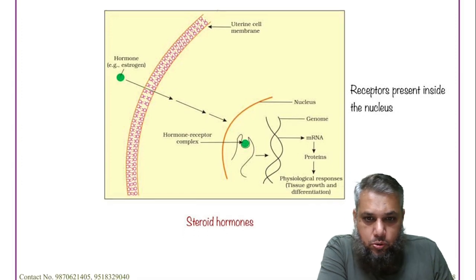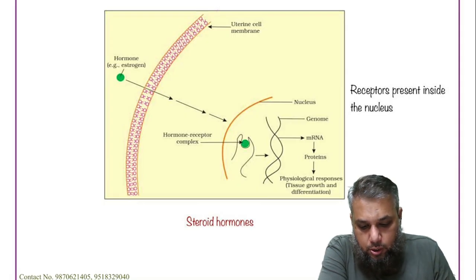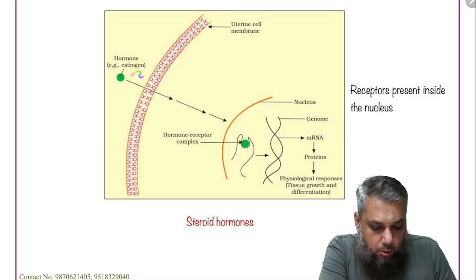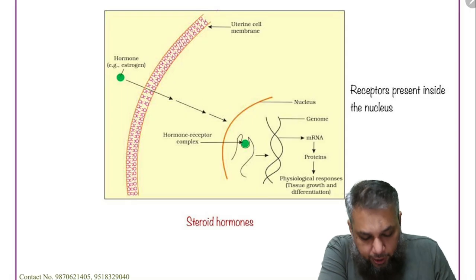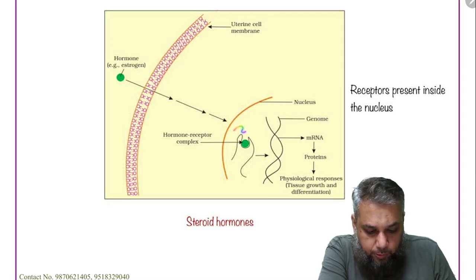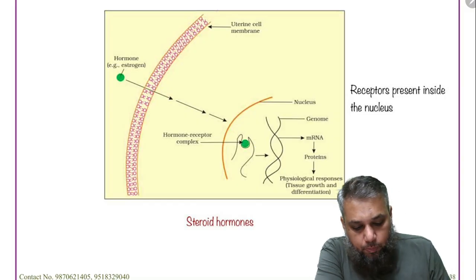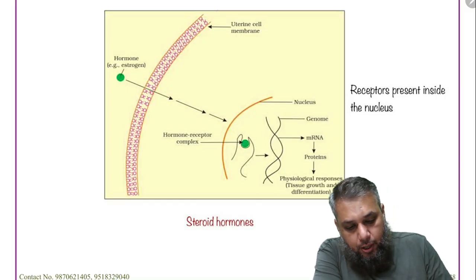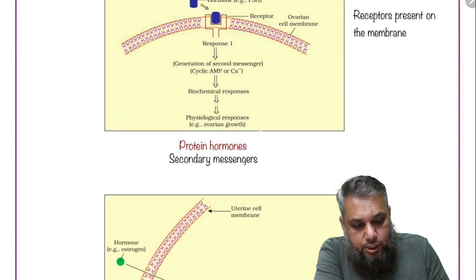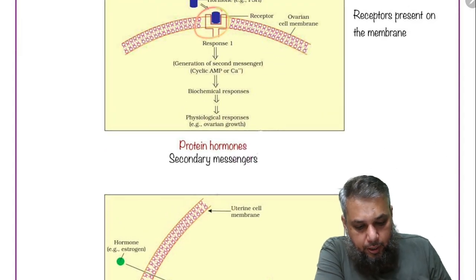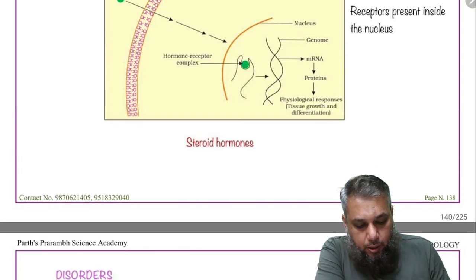Whereas the lipid hormones, the steroidal hormones, which are lipid soluble, like estrogen, pass the cell membrane. The cell membrane allows them to come in. So their receptors are present inside the cytoplasm, especially in the nucleus. They will form a hormone receptor complex within the cell, unlike the protein hormones, which form the hormone receptor complex on the cell membrane.